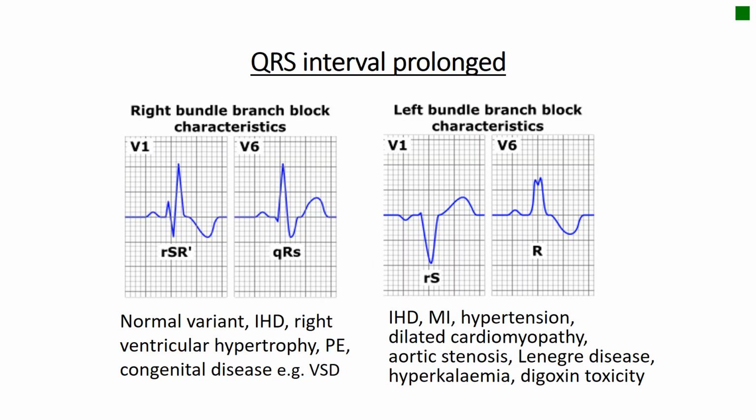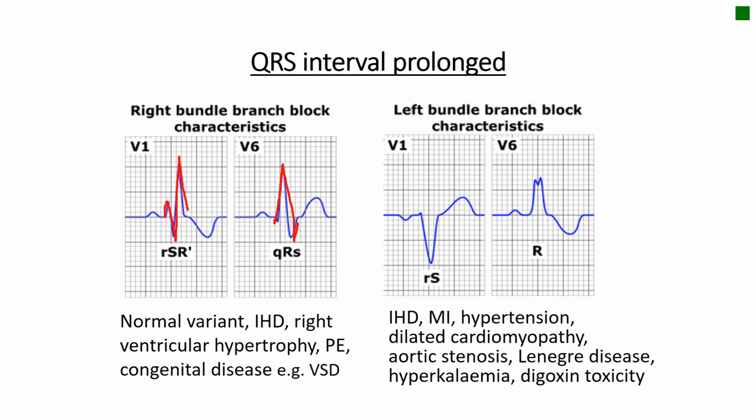The next interval we're looking at is the QRS. Now that's usually in right or left bundle branch block. This is small print, but it's just to let you know. So you get an RSR pattern in V1, and then you get a QRS in V6 in the right bundle branch.